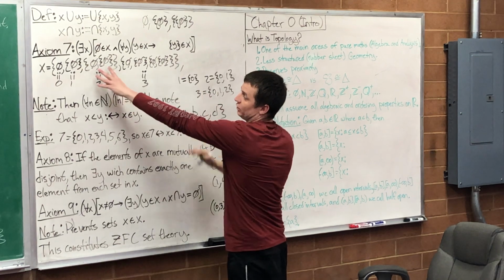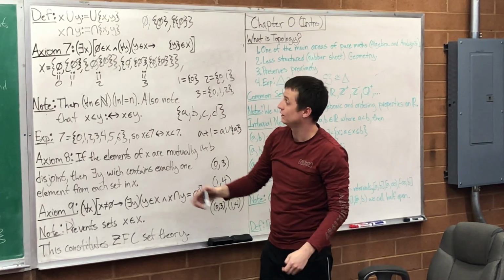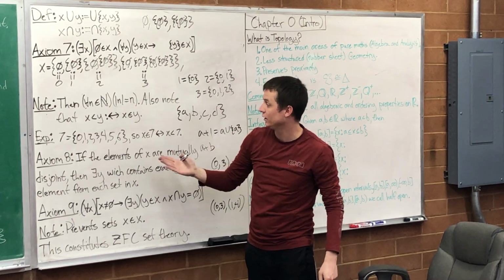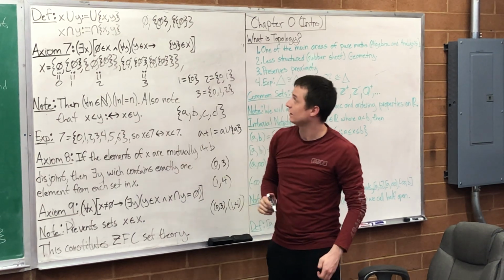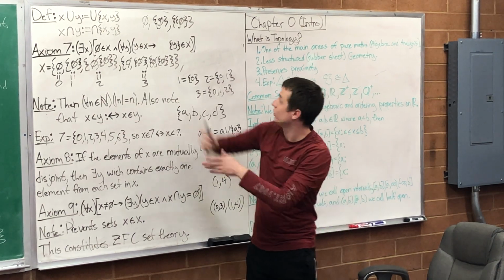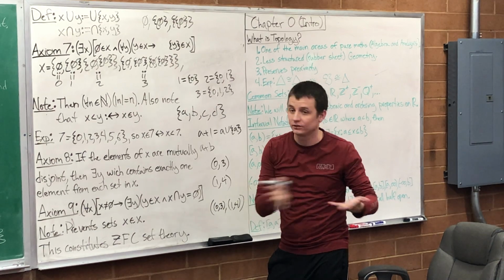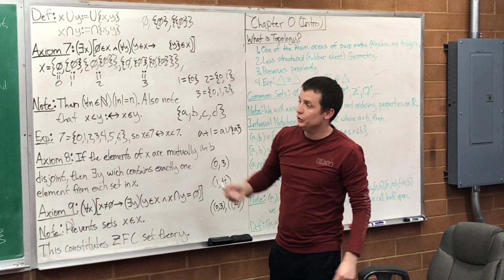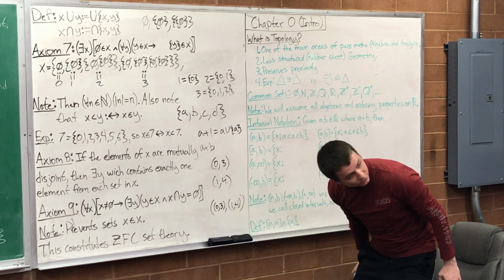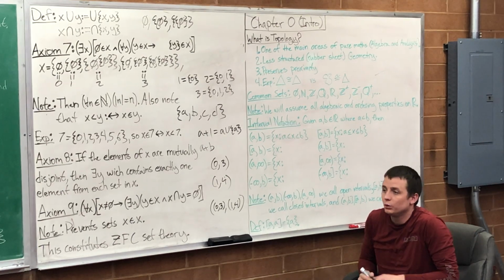Typically we do it this way because you get some nice properties like the size of the set is just its number, and x less than y, you just have to look at the elements in there. But you can still do it this way and then define less than in a different way. So you can use different set theory axioms and still get something logically equivalent.